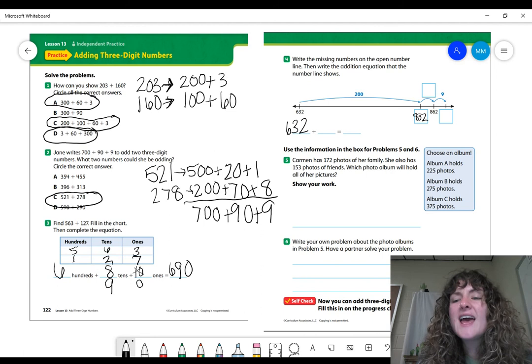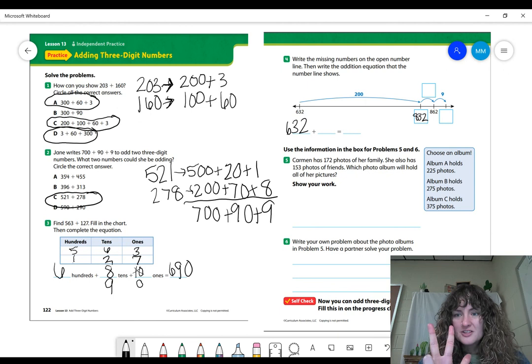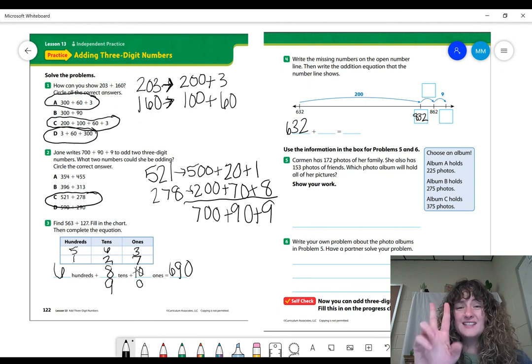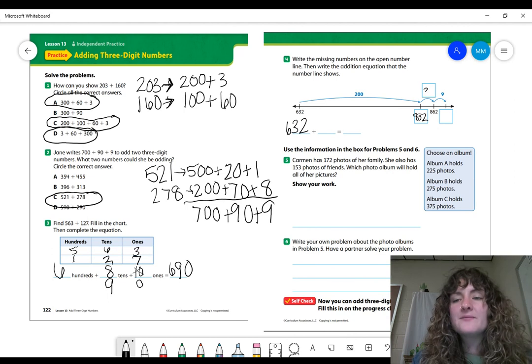What about our tens? 832 has 3 tens. 862 has 6 tens. So if I go from 32 to 62, how many tens do I need? 32, 42, 52, 62. So how many tens am I adding? I'm adding 3 tens, which is the same as 30.